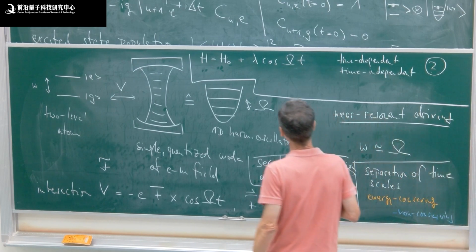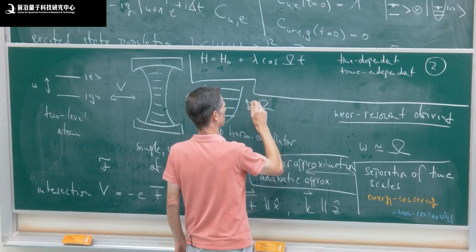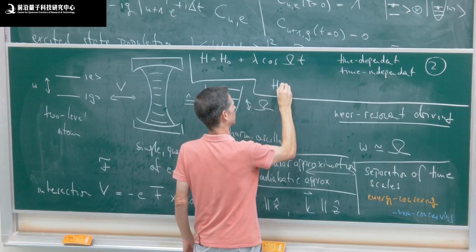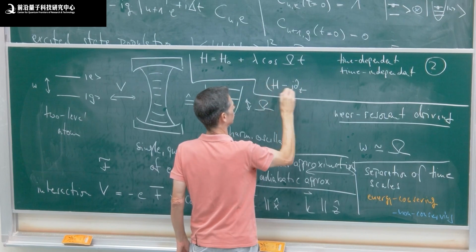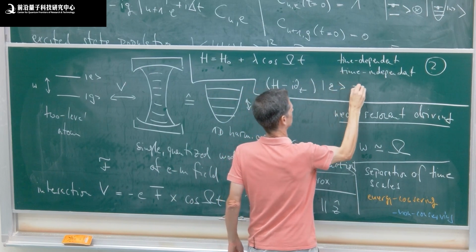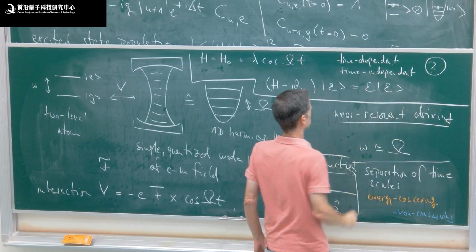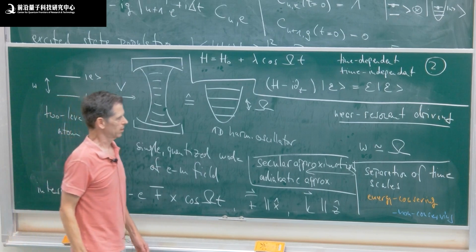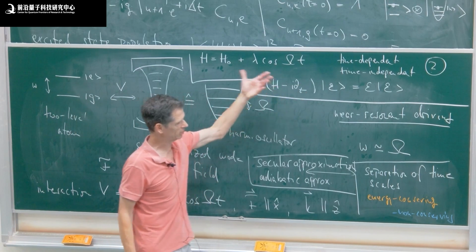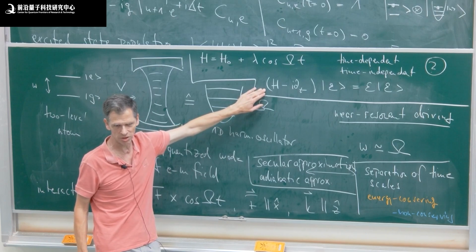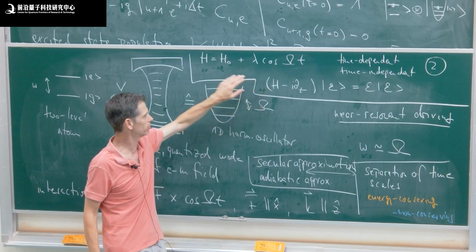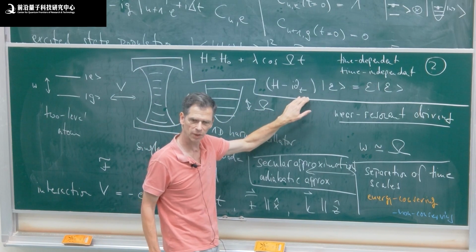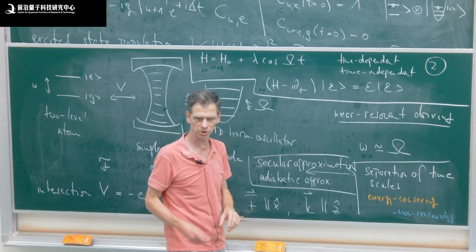Maybe what I will show you next time is that there are solutions to this problem with this Hamiltonian. So this is what is called the Floquet eigenvalue equation, okay? I will tell you next time that the Floquet theorem essentially tells you that any solution of the Schrödinger equation generated by this Hamiltonian can be obtained by solutions of this eigenvalue equation.